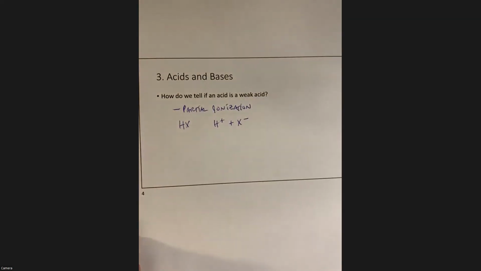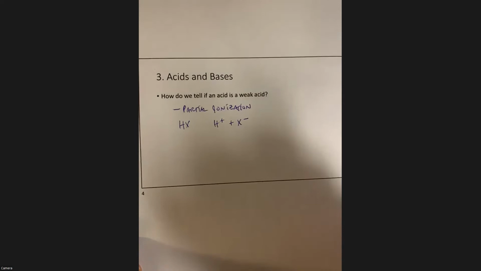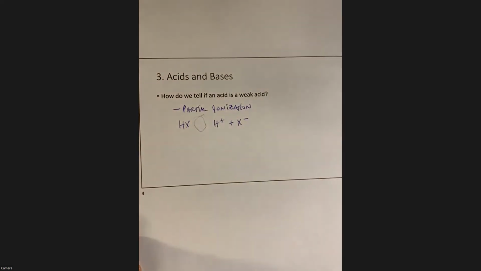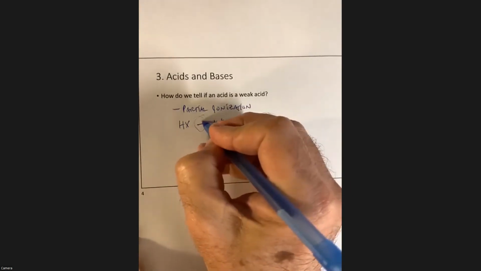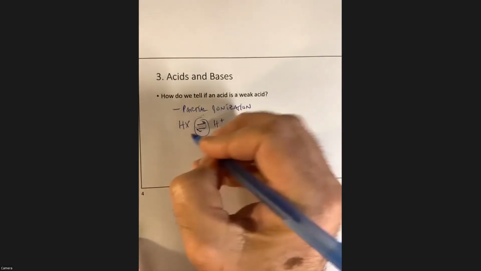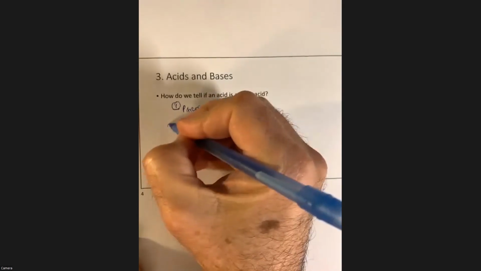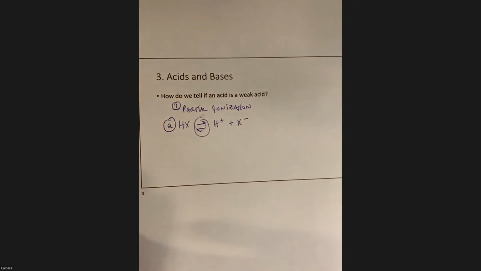What do you notice in there? What's missing in here? Reversible. Very good. Double arrow. In other words, the ionization is reversible.